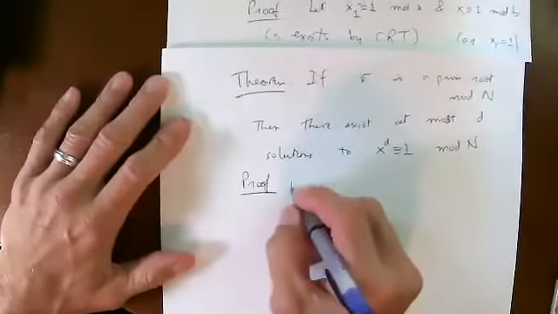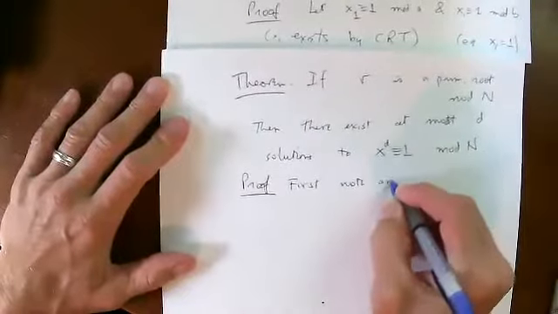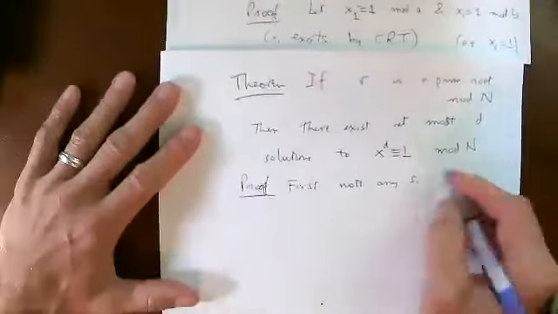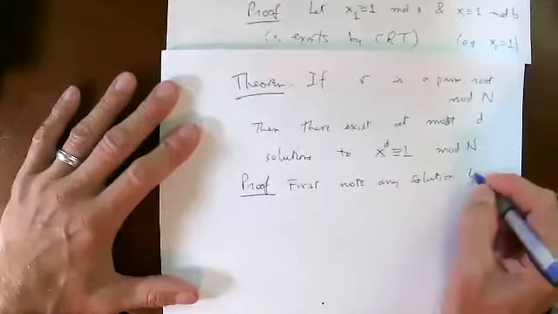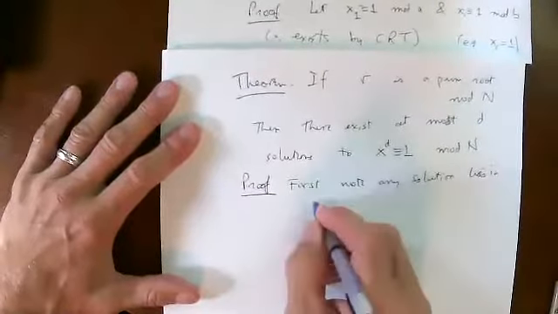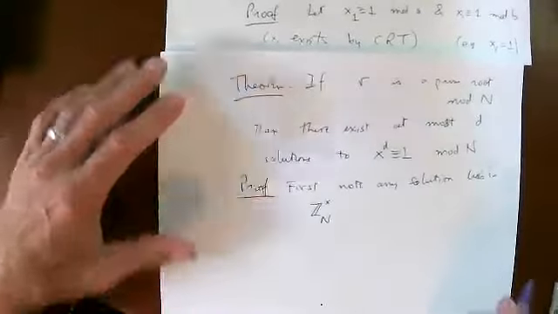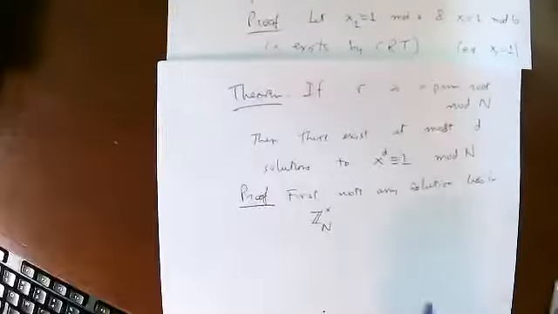So first let me note that any solution to this problem, mod n, would actually have to be an invertible element mod n. So it lies not just in Z mod n, but it will have to lie in Z mod n cross. That's the same kind of claim that I made earlier. I said I would come to it, and now I'm coming to it.